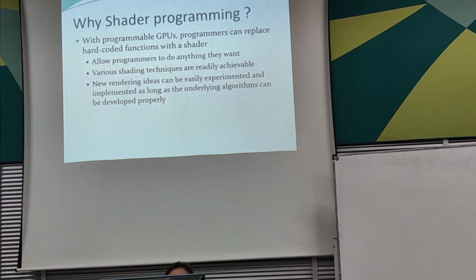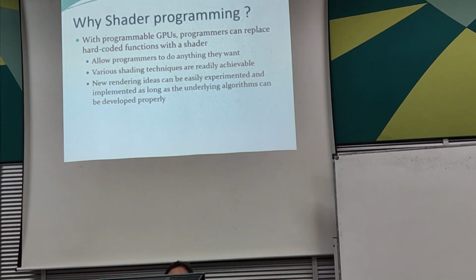So why shader programming? Because we need to program all the hardcoded shaders to improve our graphics, to make them more realistic. With the programmable side, you are allowed to do anything that you want on your graphics.